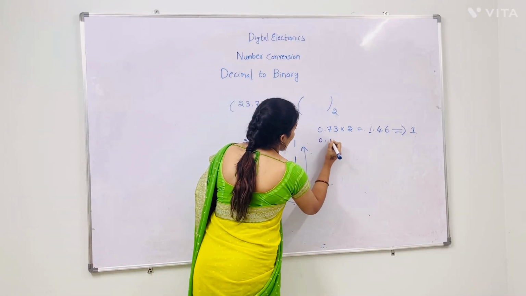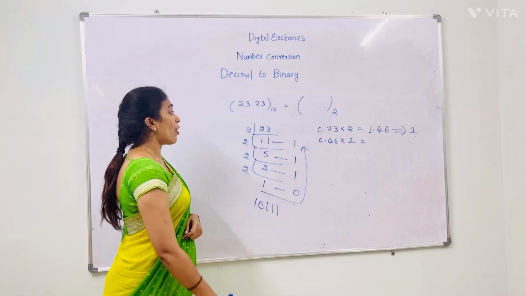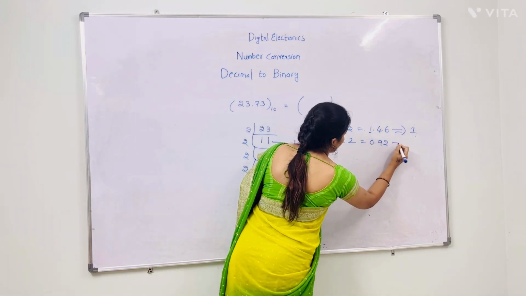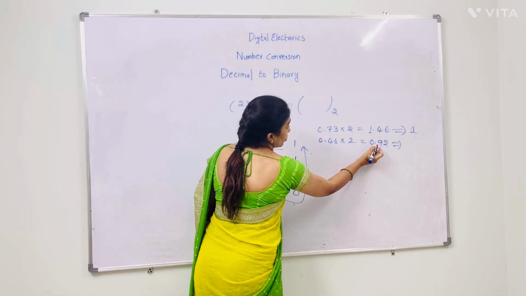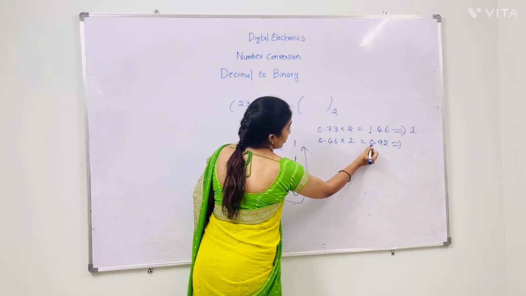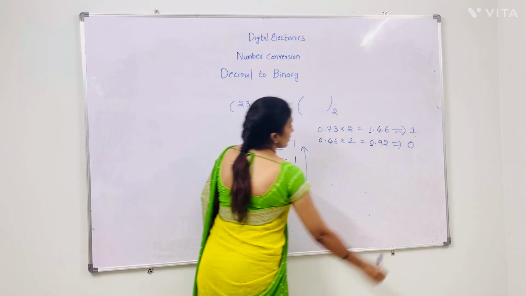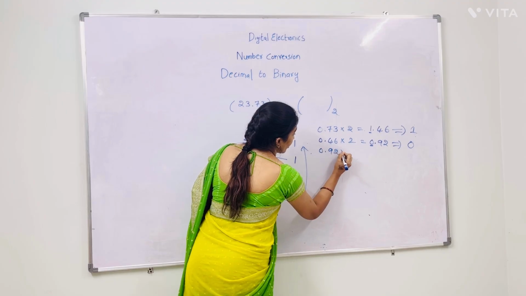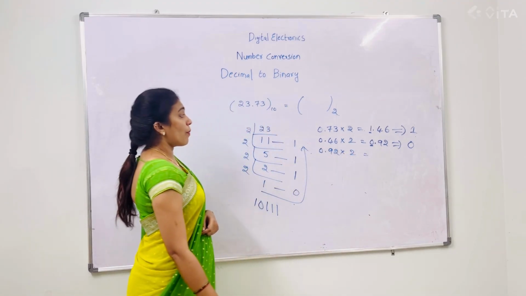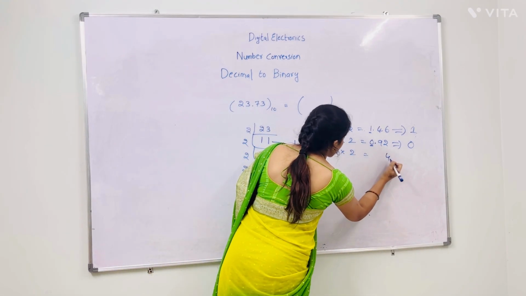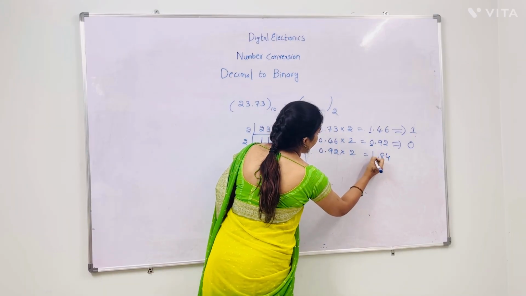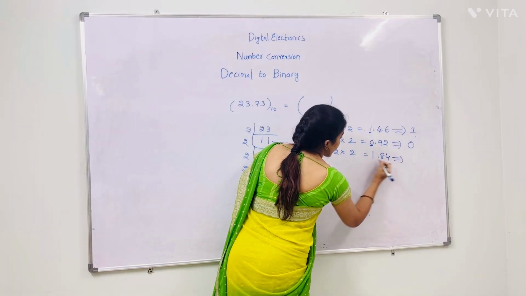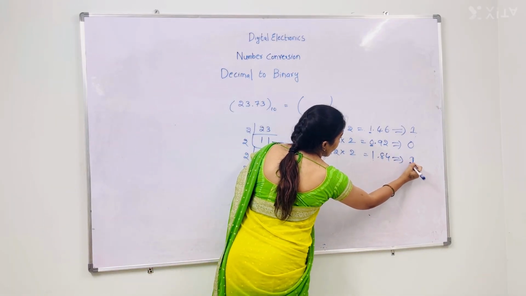Remaining term 0.46 into 2 is 0.92, so the answer is 0. Next, the remaining term 0.92 into 2 is 1.84, so the answer is 1.